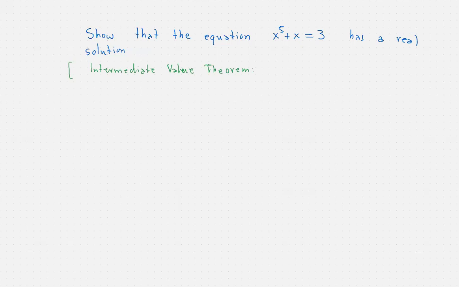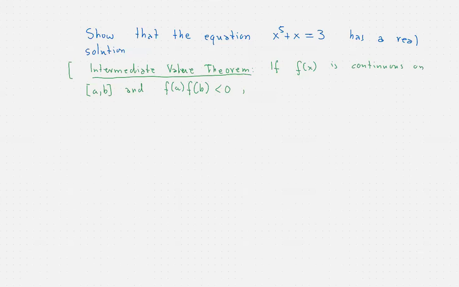If f of x is continuous on [a, b], and f of a times f of b is less than 0, then there exists c in the open interval (a, b) such that f of c is equal to 0.